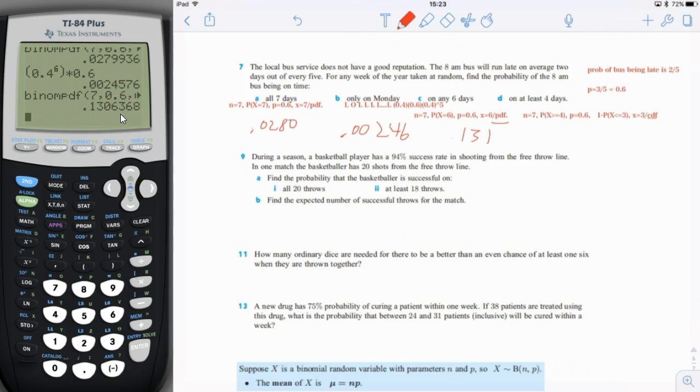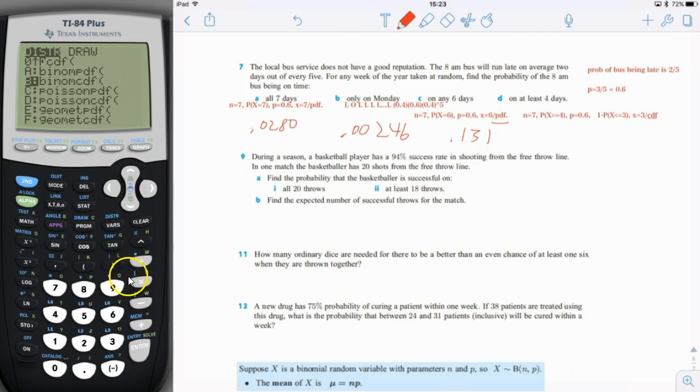And then the next one says on at least 4 days. So this would be using binomial CDF. Let's do second distribution, go to the second page, go to CDF. We're going to put 7 trials, 0.6 is the probability will be on time, and the X value is going to be 3, because we want 3 or less.